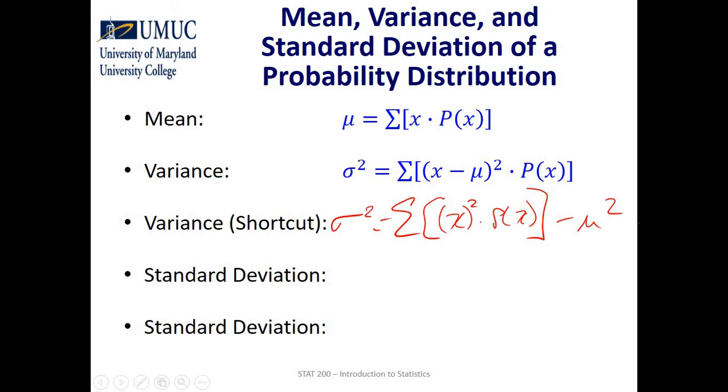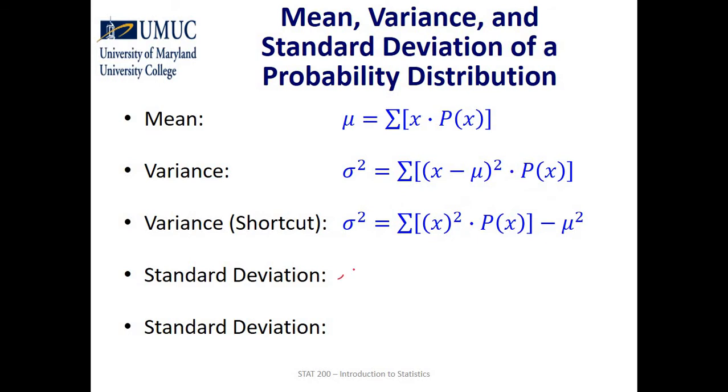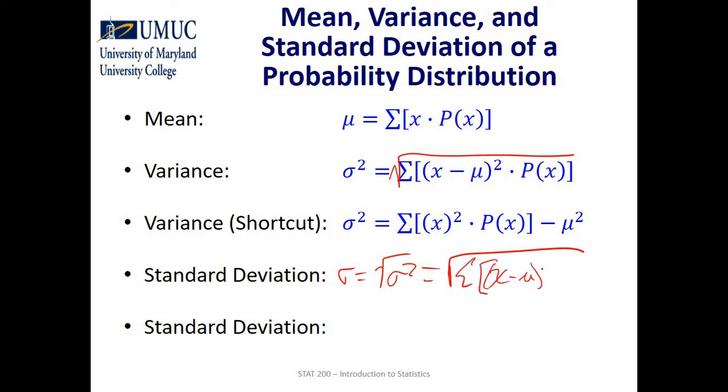Now the standard deviation, recall that standard deviation is just the square root of the variance. It makes sense. Sigma is equal to the square root of sigma squared. Logically, that makes sense. So all I'm going to do is take the square root of this up here. So I have the square root of the summation of the quantity x minus mu squared times probability of x.